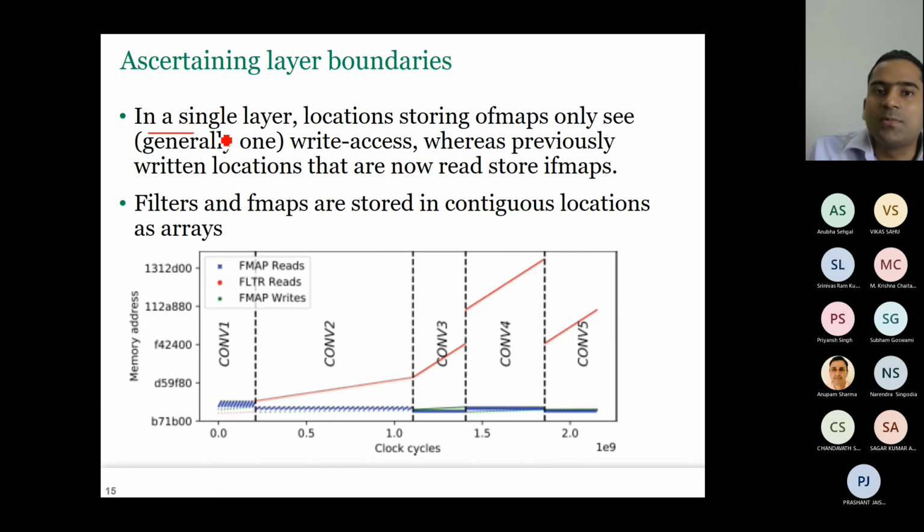See, if you just observe one layer, if there was some address in the memory where we previously stored something, that means in the previous layer we stored something, and we are now reading it. That means it is the input feature map of this layer.